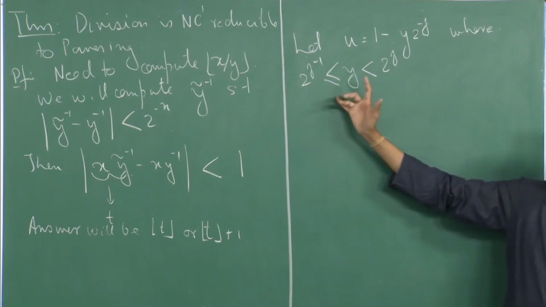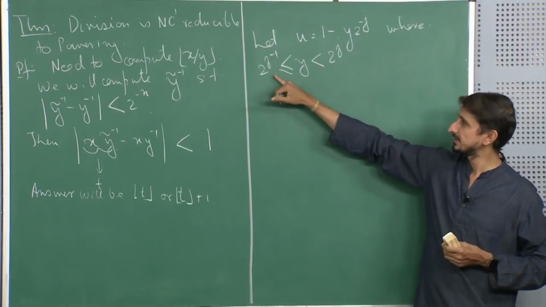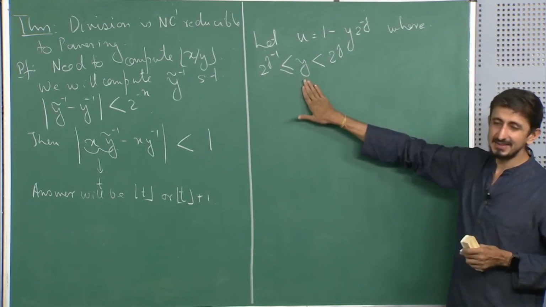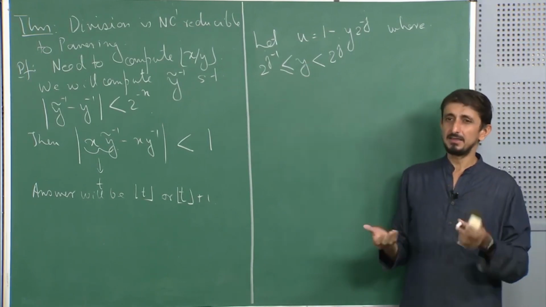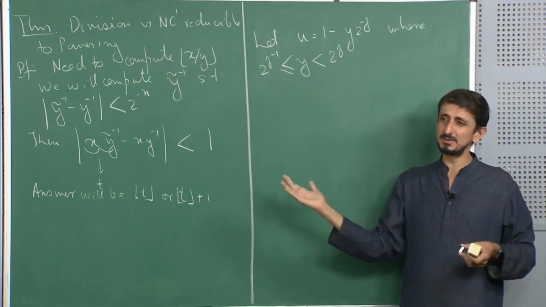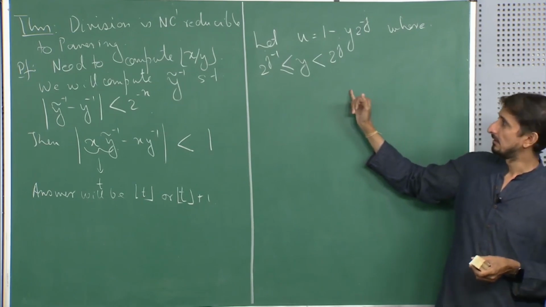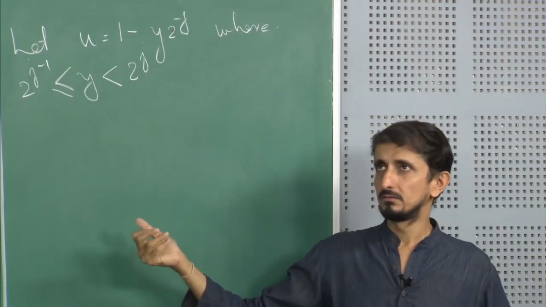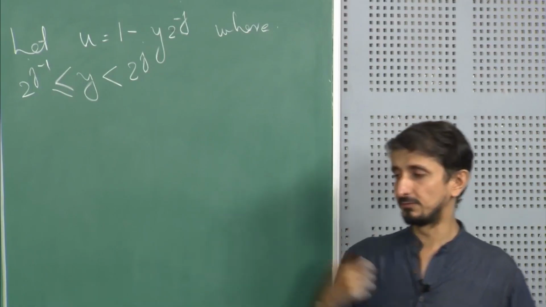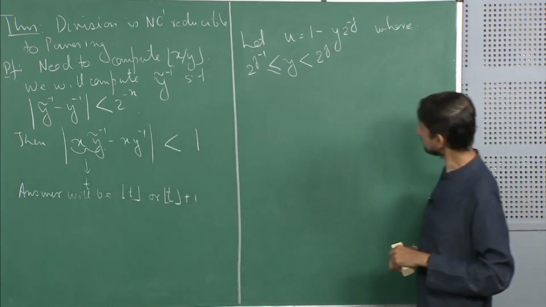Any number lies between two consecutive powers of 2, so I just find that quantity for y. Again I can get this value of j using an NC1 circuit, because I just have to keep dividing y by 2 repeatedly. Basically, I just have to check the position of the first one in the string y.